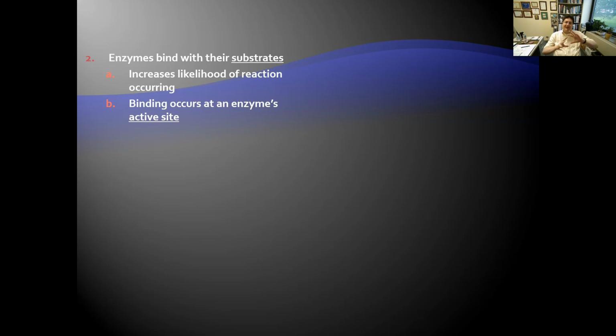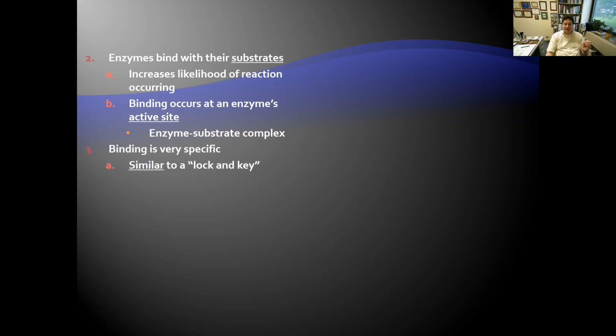All enzymes have an active site that binds with the substrate. When the enzyme and the substrate are together, we call this the enzyme-substrate complex. And this binding between substrate and active site is very specific. It's similar to pieces of a puzzle fitting together or a key fitting into a lock.